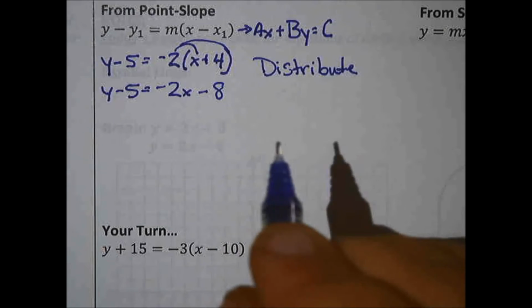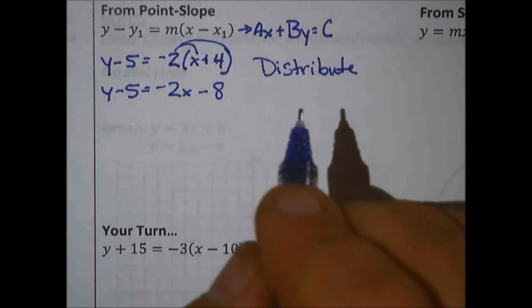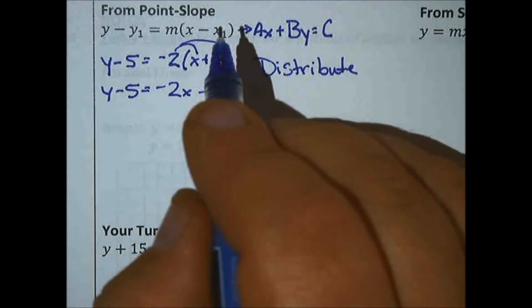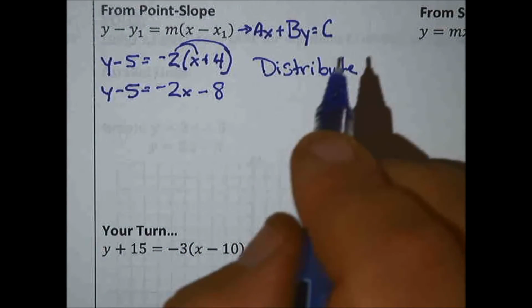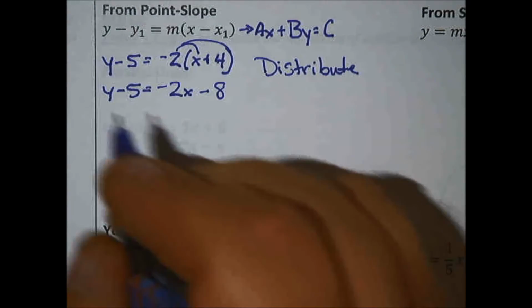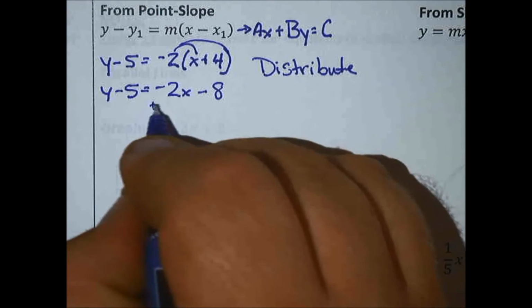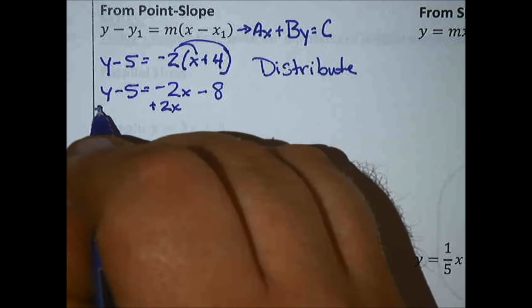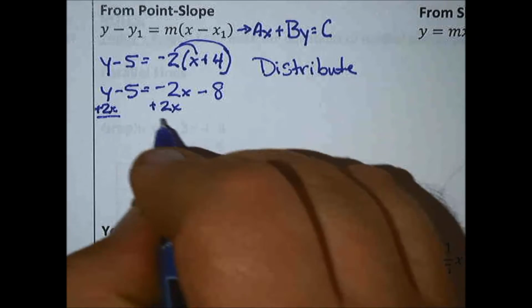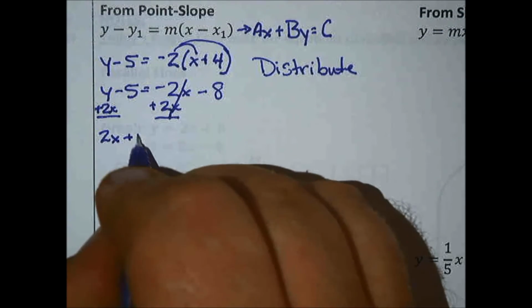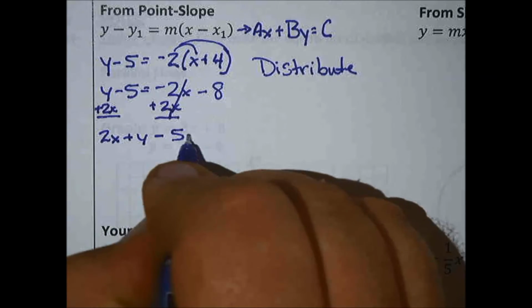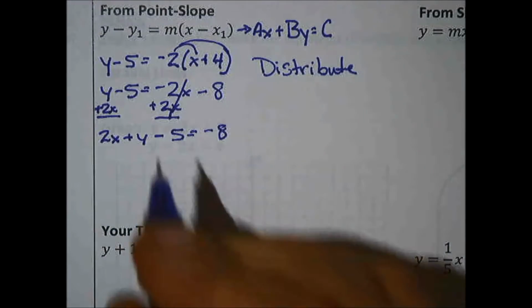All right? And so again, what I want to do is I want to get my x term and my y term on the same side and one single number over on the other side. So I'm going to do that by adding 2x, add 2x, and those are going to go away. I'll have 2x plus y minus 5 equals negative 8.